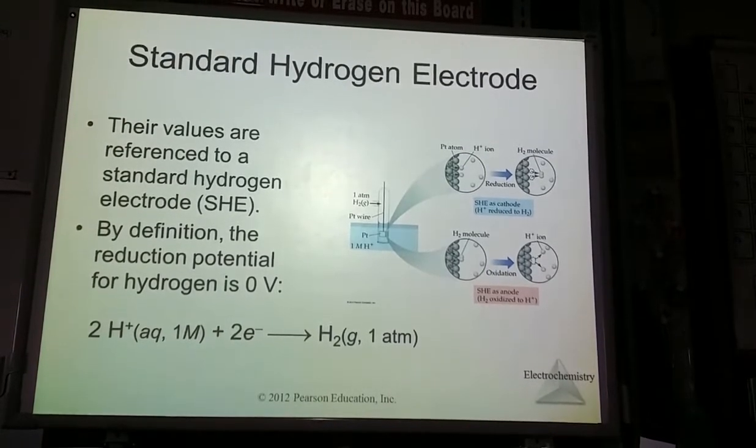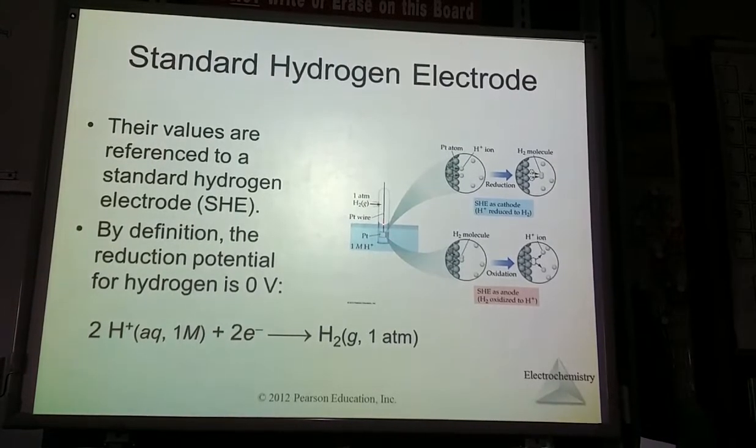the E means electrode. So a SHE consists of a platinum wire, and that platinum wire is connected to a piece of platinum foil. So I don't know if you can really see that there. It's probably really hard. But you have this platinum wire, and it's connected to just some piece of platinum foil. And then we're going to cover that, and we end up connecting it where we can have a stream of hydrogen gas, as well as just 1 molar of hydrogen ion somehow within that electrode.